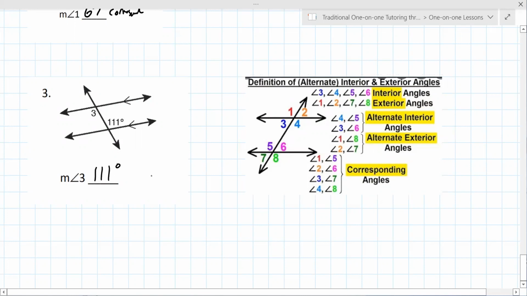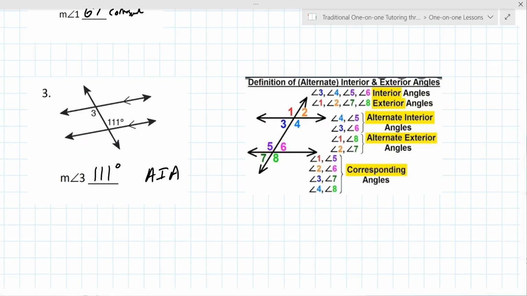All I've done is rotate the picture that we've been looking at. You have to be comfortable, like, they're on opposite sides, alternating over the transversal, A and D, and they're in the interior. Does alternate mean that they're just on other sides of that line? Yes. And they're on the inside of those other two, which makes them interior.